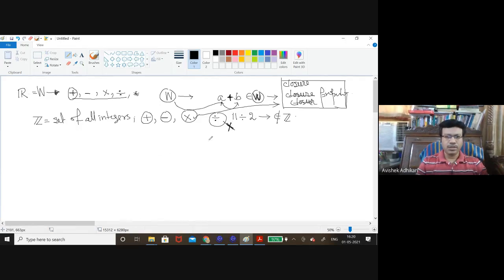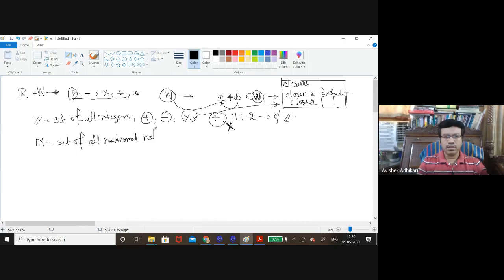Okay. So that is a very important aspect. Now, if you have only one operation, for example, if I start with N, that means the set of all natural numbers.